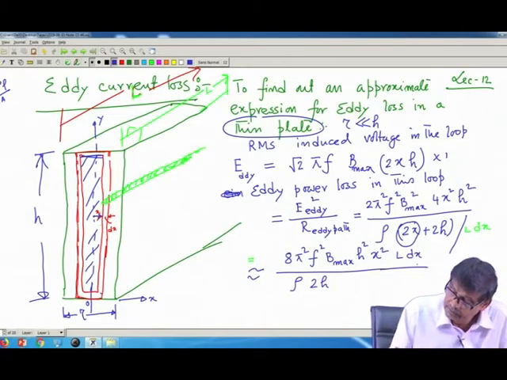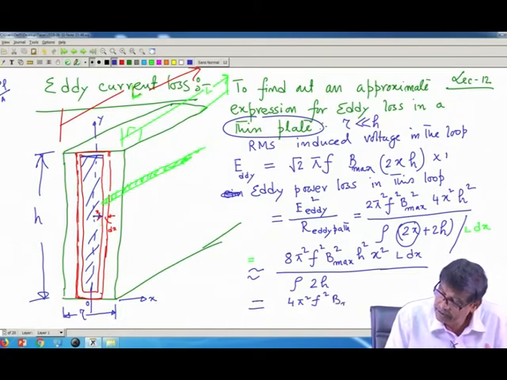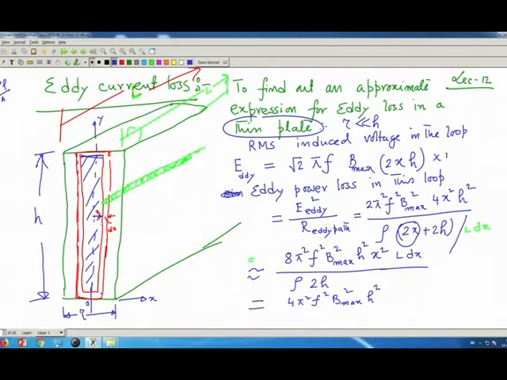Is that clear? So, this then will be equal to 4 pi square f square b max square into h square, no, h, one h goes out.